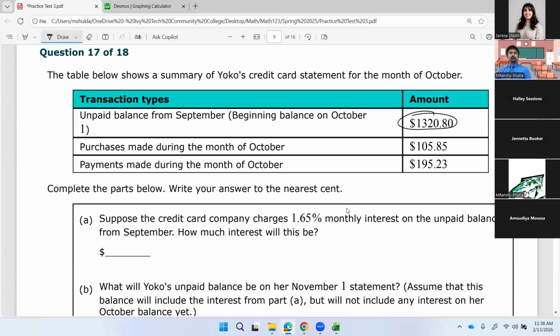So if the unpaid balance in September is that, then we're going to take that amount and multiply it by the percent for the interest.